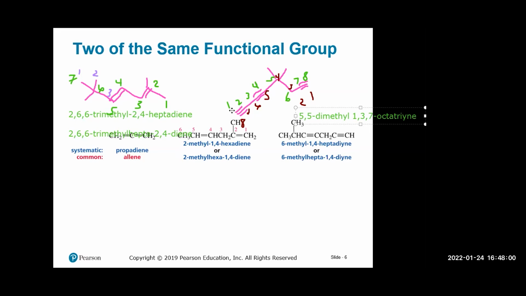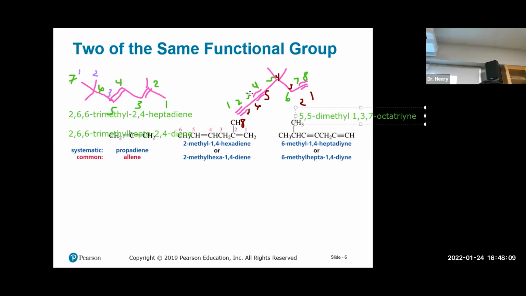So one of the carbons has 6 attachments? Yeah. 1, 2, 3. So 1 and 2 has a double bond, right? So we have C, triple bond. Sorry, not double bond, triple bond.